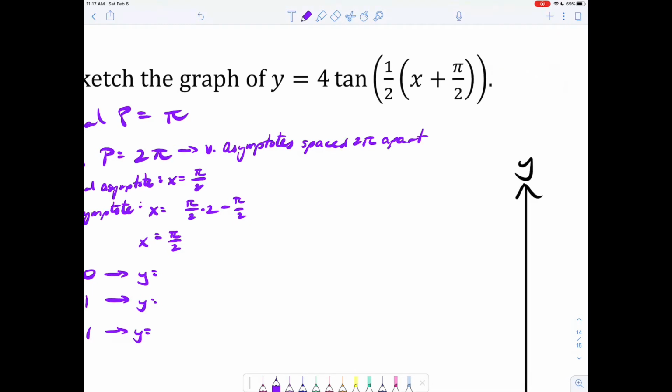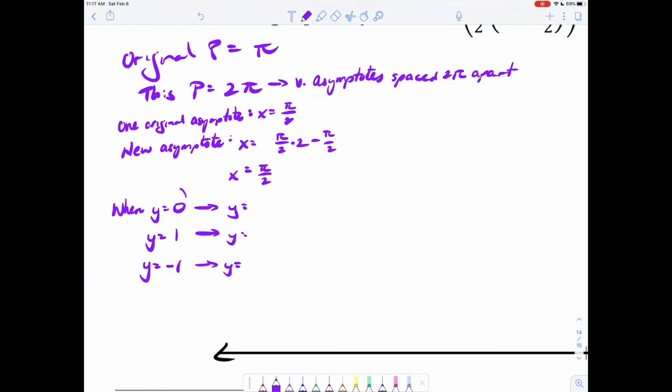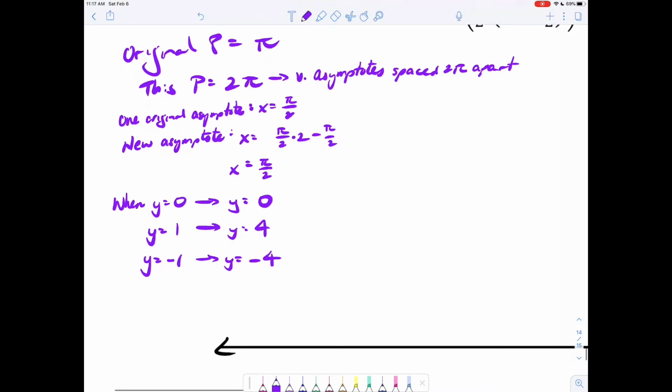We are just multiplying by 4. So y equals 0 times 4 is still 0. Y equals 1 times 4 is 4. And y equals negative 1 times 4 is negative 4. We now have all the info we need to graph this thing.